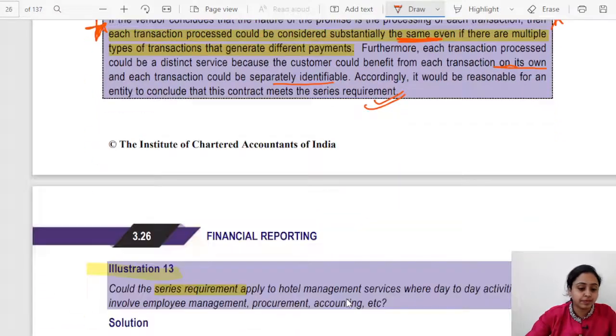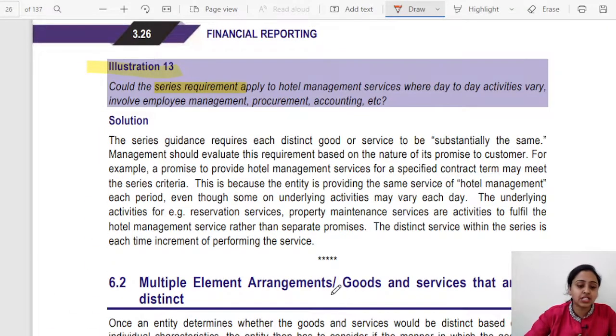Okay. Next, the last illustration, number 13, based on the above example. Then from illustration number 14 we will carry on in the next lecture. Could the series requirement apply to hotel management services where day-to-day activities vary and involve employee management, procurement and accounting?